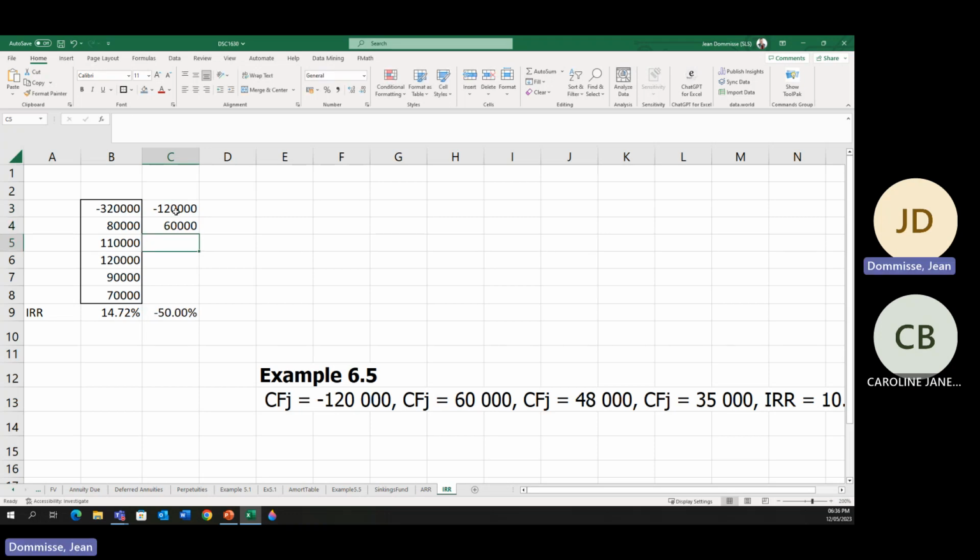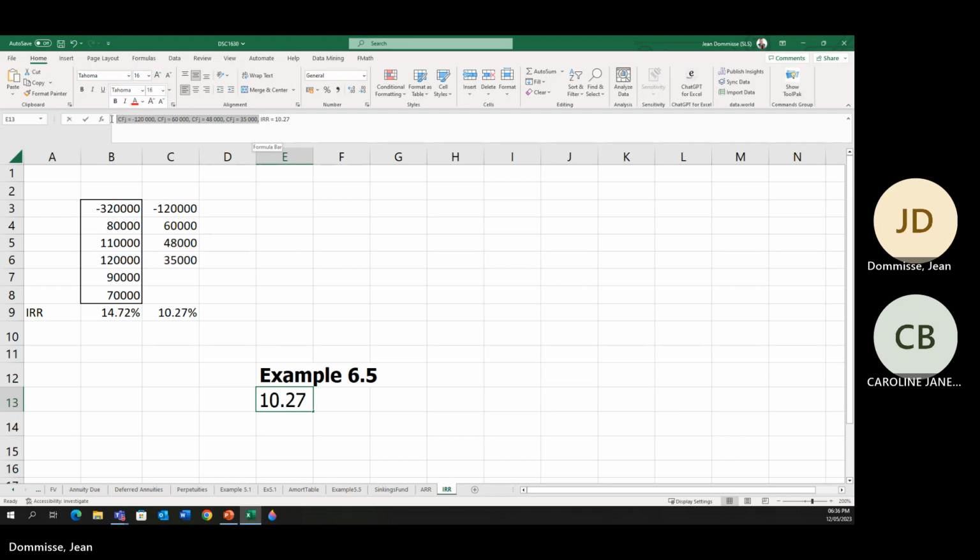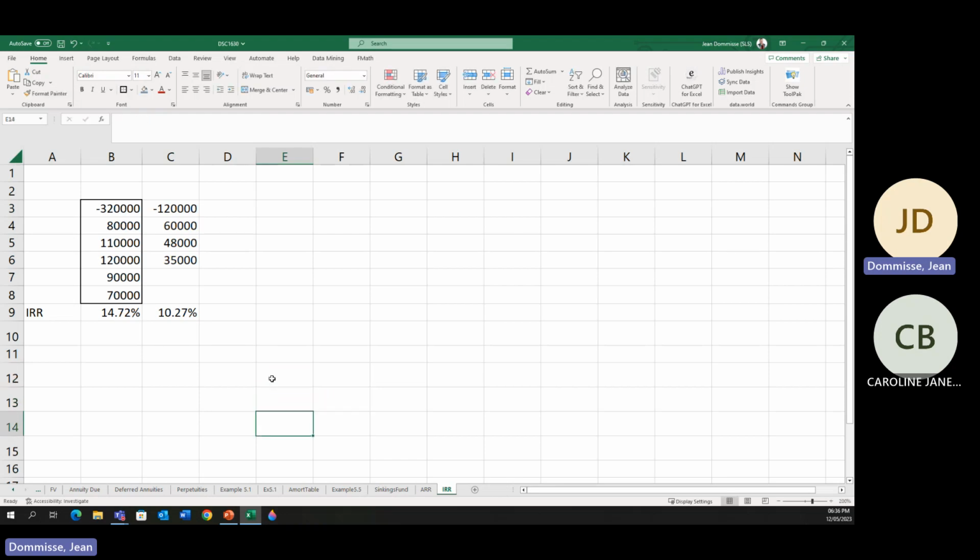So already by having two numbers in, it starts calculating it. And there we have it. So for internal rate of return, it's as simple as this.